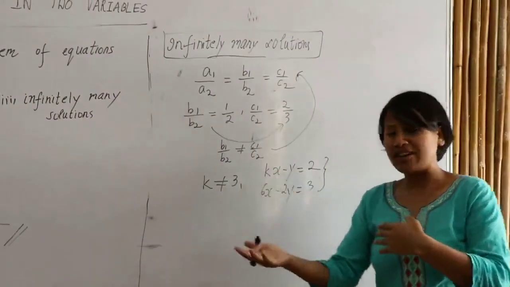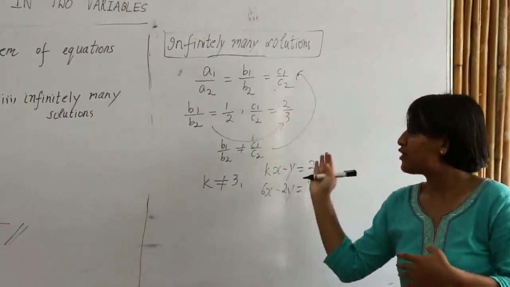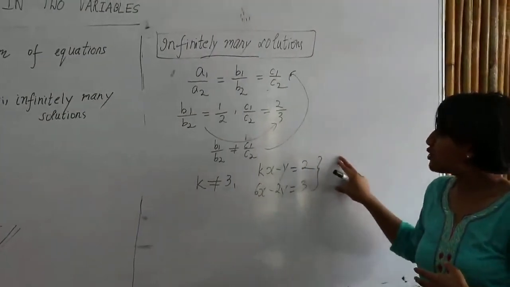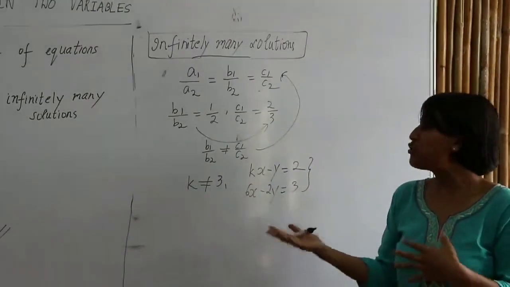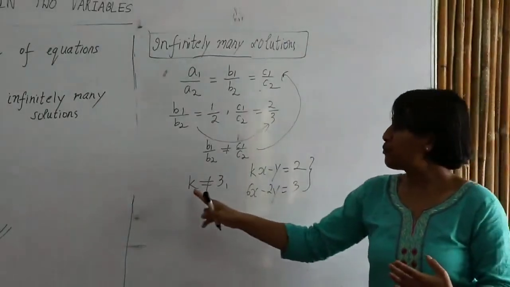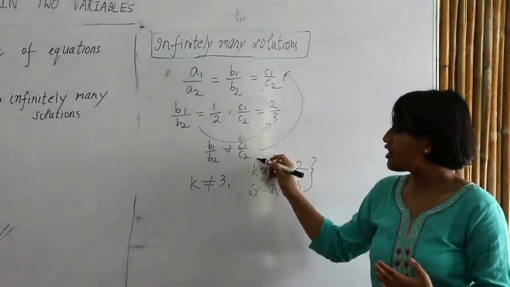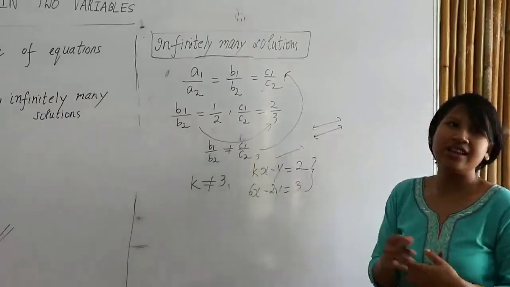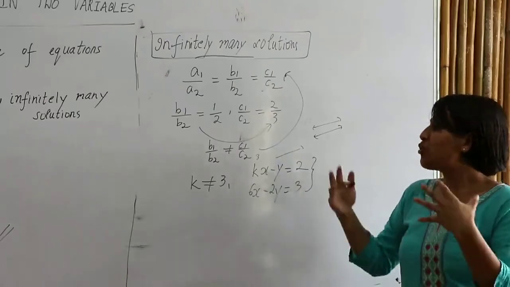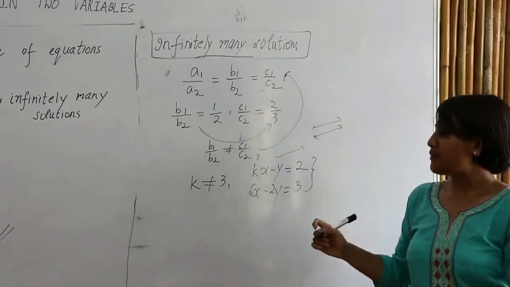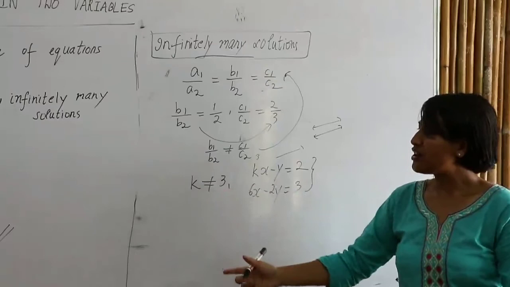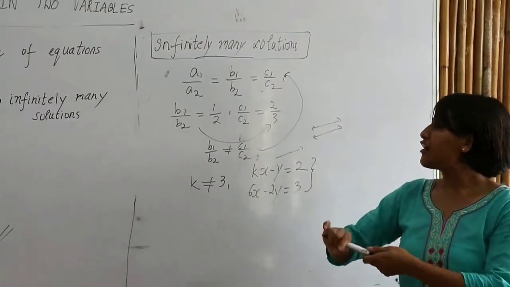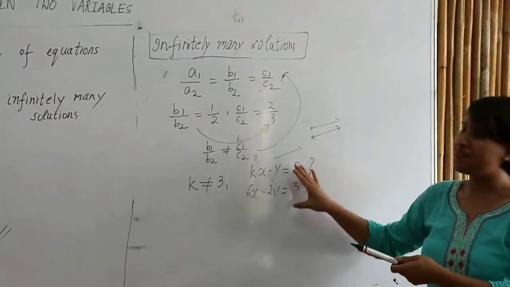You keep on changing, say 1, 2, and you will find that each of these two will give their own unique solution. But if you put k equal to 3 here, you find that they give parallel lines. So what can you conclude is that for k not equal to 3, there are unique solutions for the different equations.